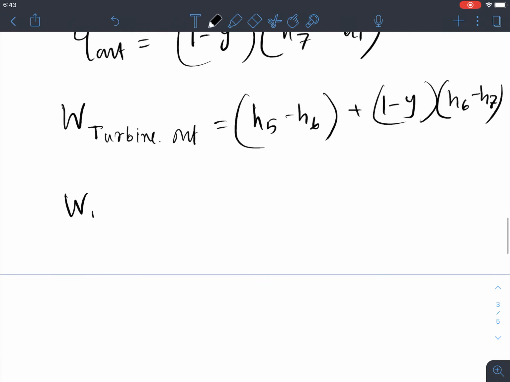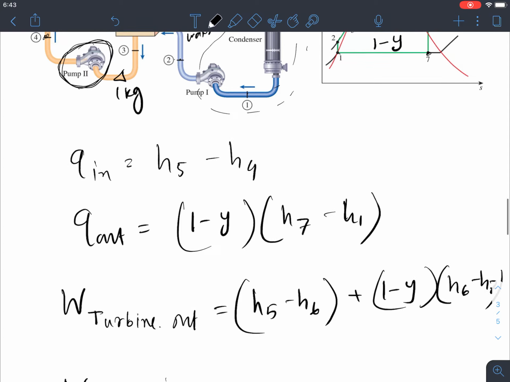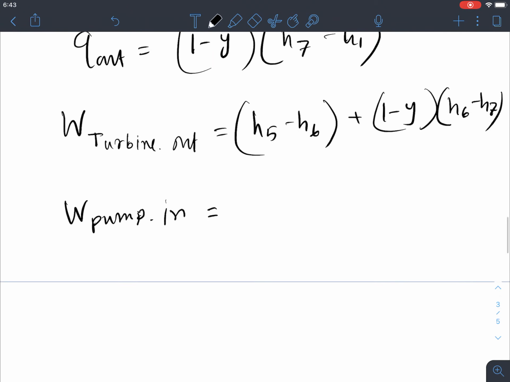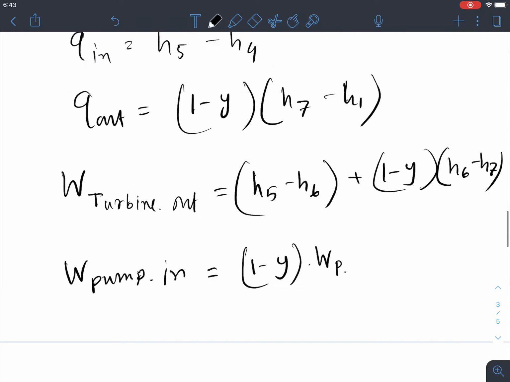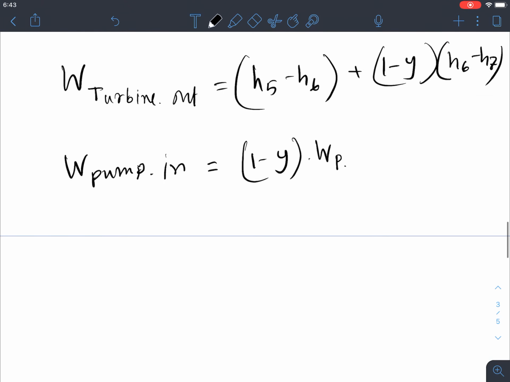And then for W pump in, we have two different pumps, okay? Right here you can see pump 1 and pump 2. Pump 1 is handling 1 minus y amount of water, this is W pump 1, and pump 2 is handling 1 kilogram of water, right?